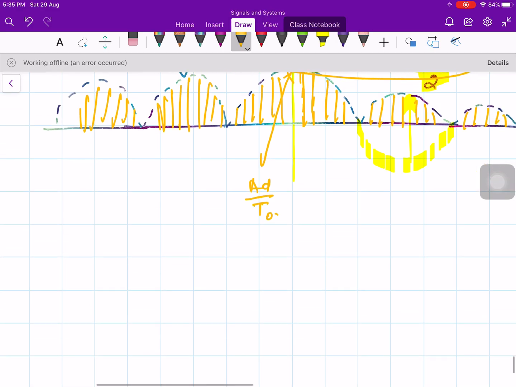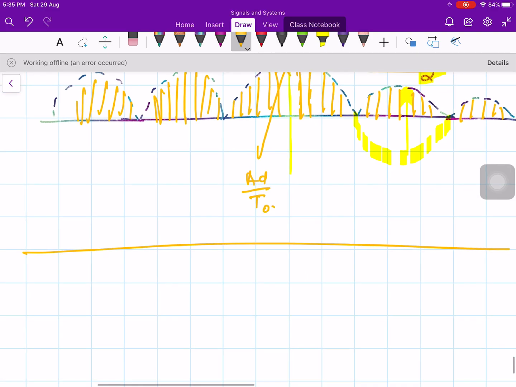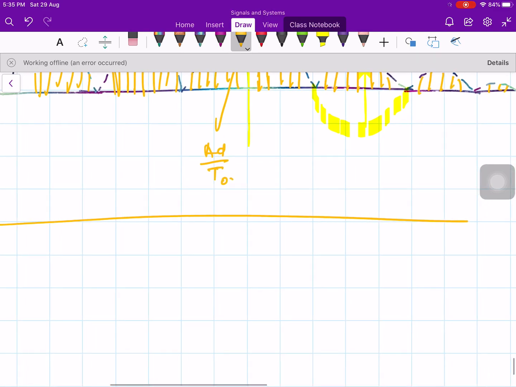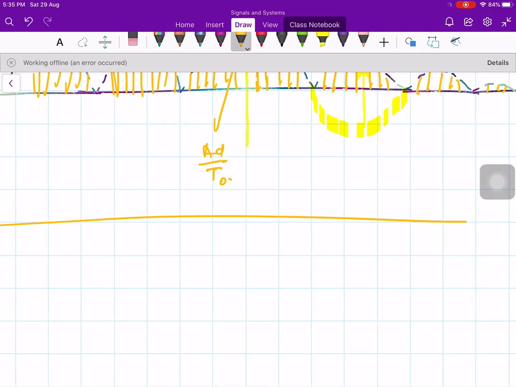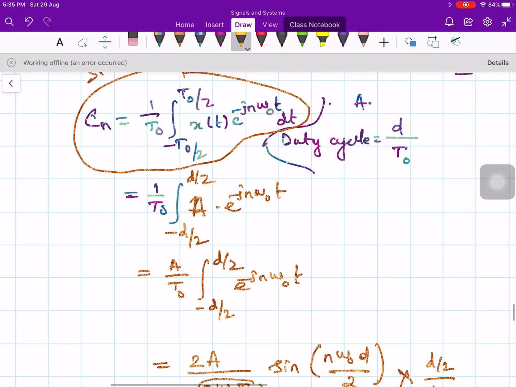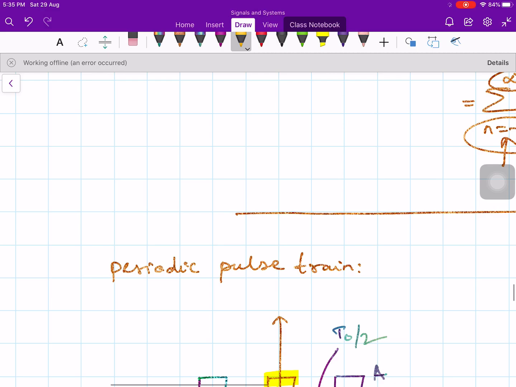Now let us see how we can use these impulses in evaluation of Fourier coefficients of some general function. We have seen that the evaluation of the Fourier series coefficient of an impulse train is very easy, because it is 1 by T naught, a constant magnitude.